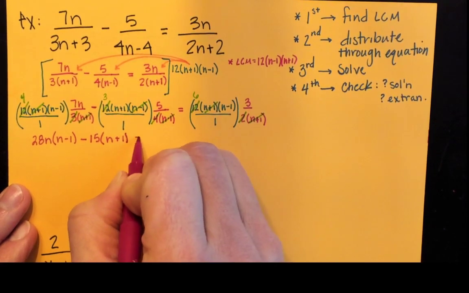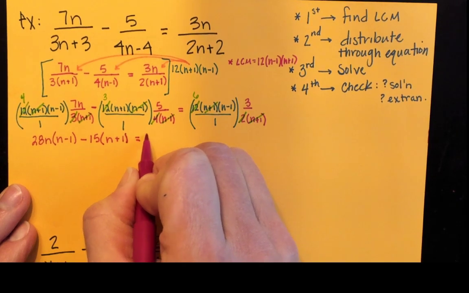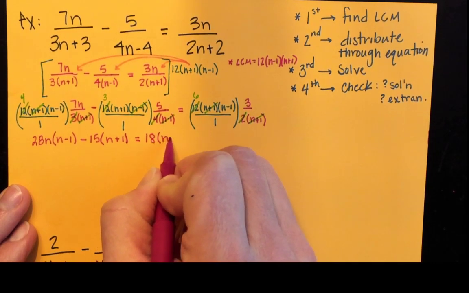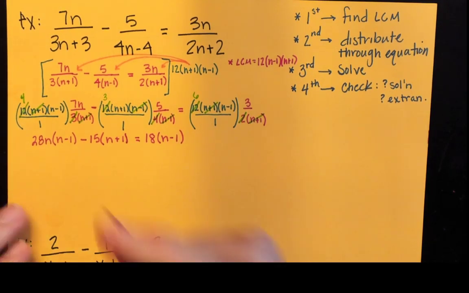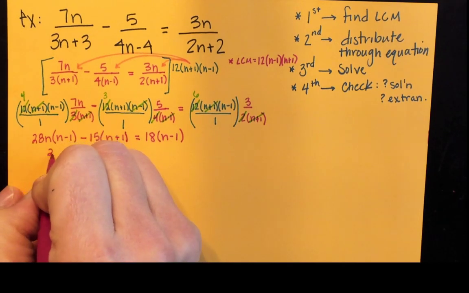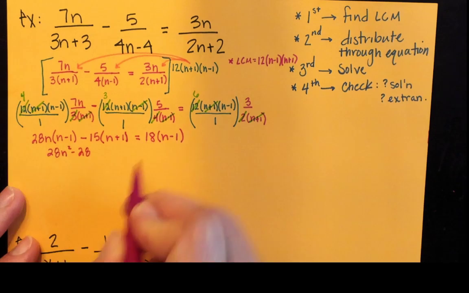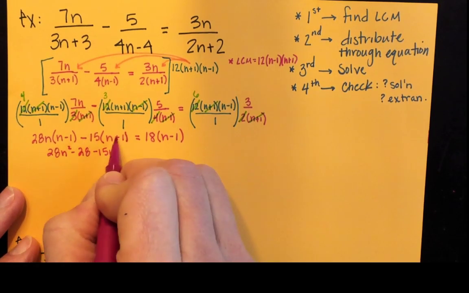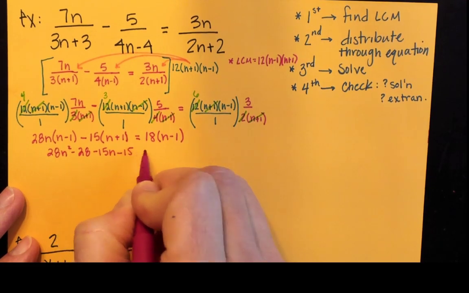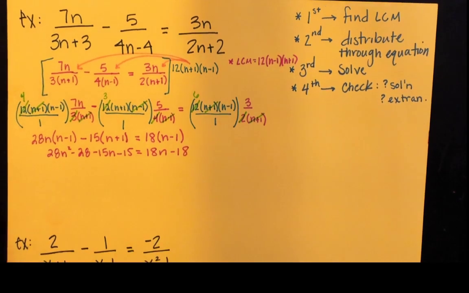And then we have a 6 and a 3, which gives me 18 n minus 1. So over here, when we distribute again, 28n squared minus 28n, minus 15n, and don't forget to distribute, minus 15, and then we have 18n minus 18. And now we have a quadratic.